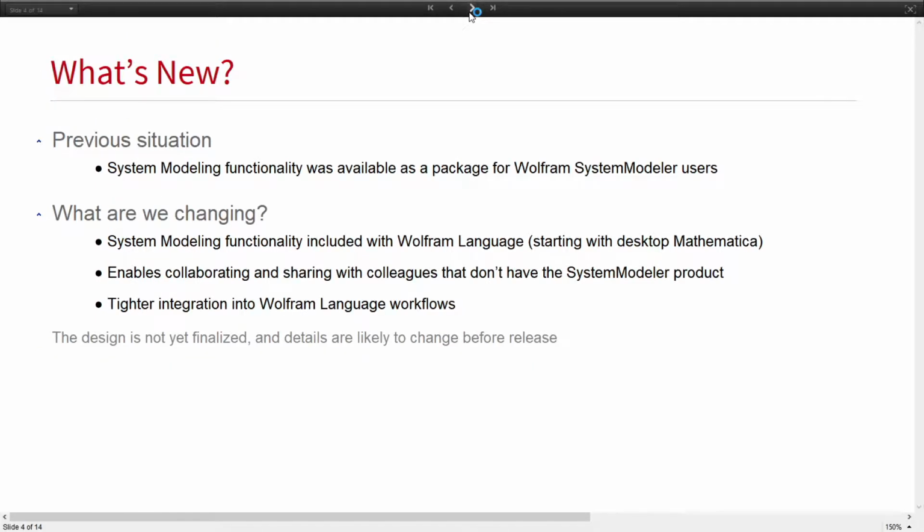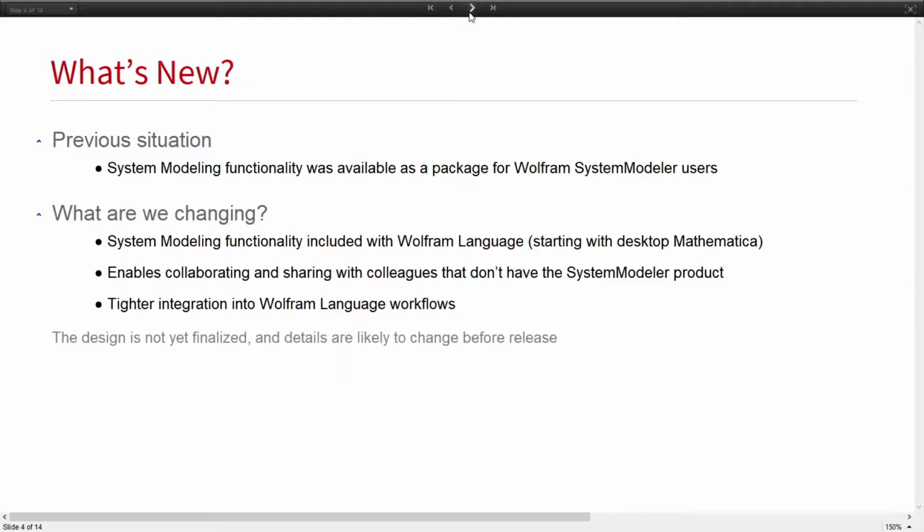So what is it that's actually new? You might have heard that I mentioned SystemModeler a few times. And SystemModeler, Wolfram SystemModeler, for those of you who aren't familiar with it, is a standalone product that integrates with the Wolfram language.